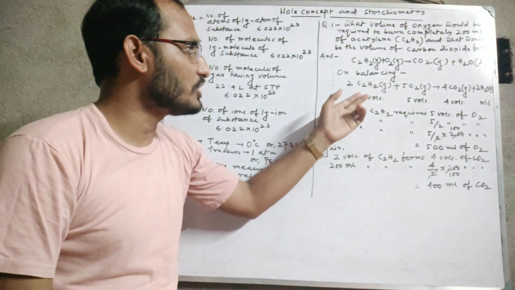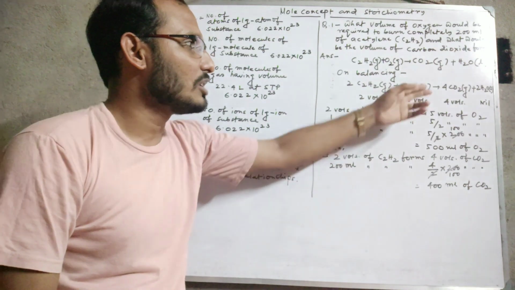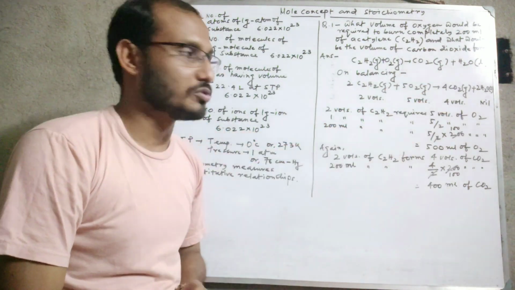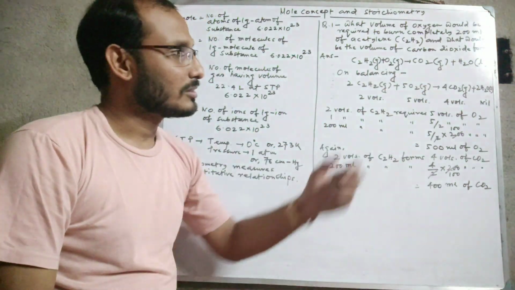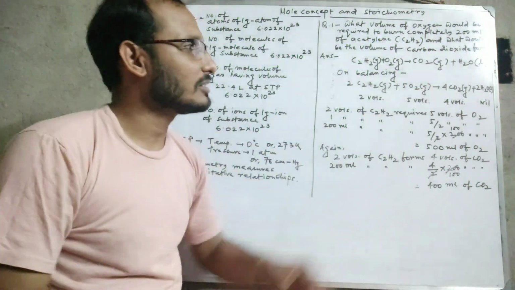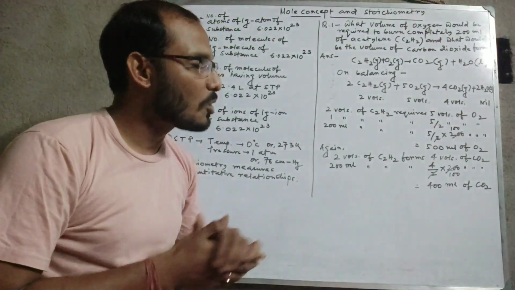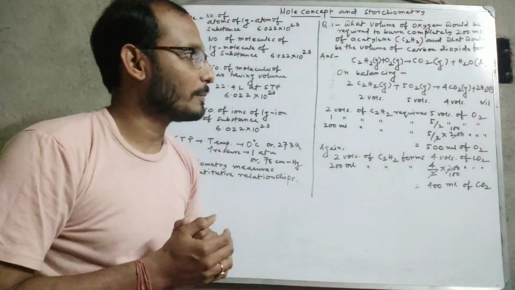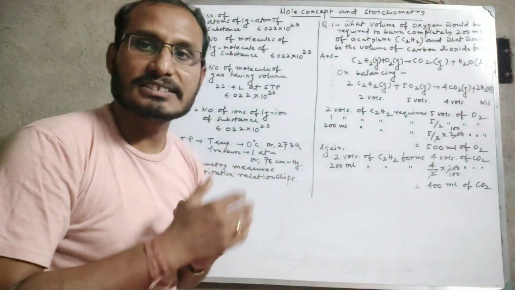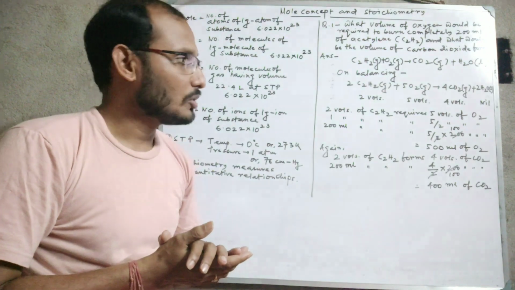Here the volume of C2H2 is 2 volumes, oxygen is 5 volumes, carbon dioxide is 4 volumes, but the volume of water is nil because water is not in the gaseous state. It remains in the liquid state.